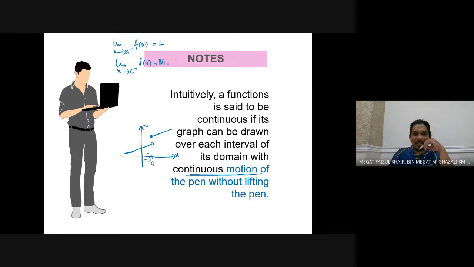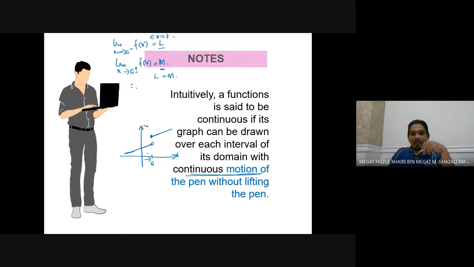The limit of f(x) as x approaches a from the left exists and equals L, and the limit as x approaches a from the right also exists and equals m, and let's say L is equal to m. The value of L and m are actually one value.